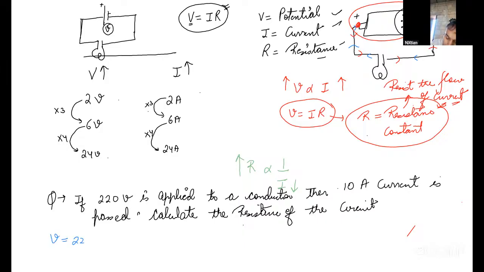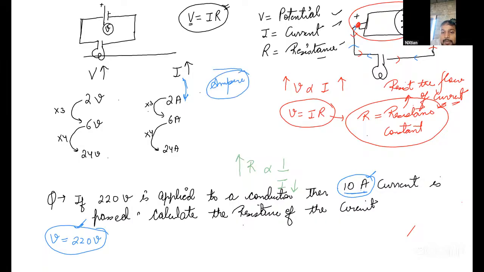And what does this A represent? You guys remember this: A is the unit of current. Whenever A is given, it is current. A stands for ampere. So it is a unit of current.